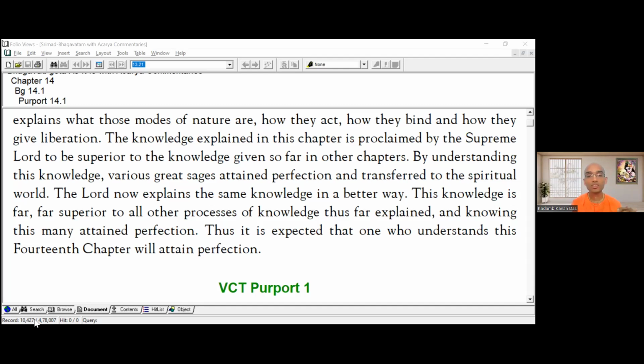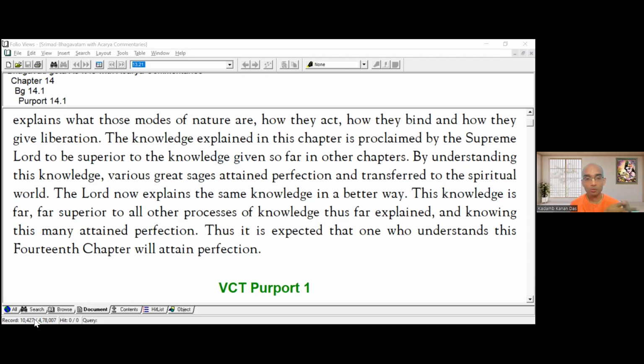So actually, this Jnana is not the Jnana of the Mayavadis, which denies the existence of the Supreme Personality of Godhead in form. This Jnana is a Bhakti Jnana. Because when our acharyas give this commentary and we understand, then we understand this knowledge is helping in bhakti.